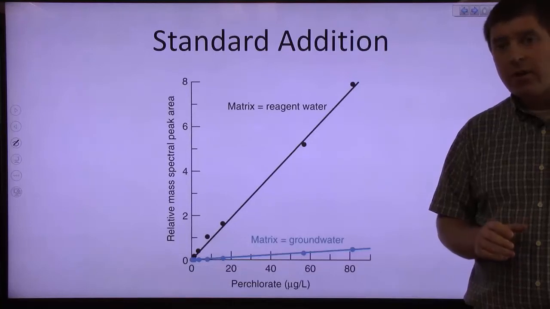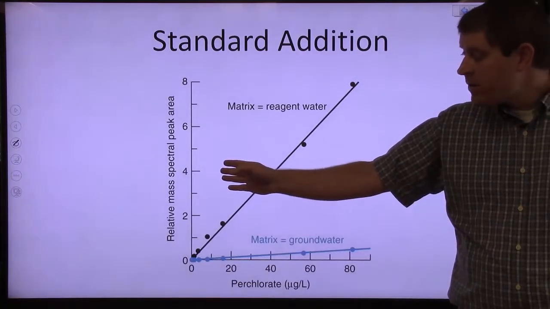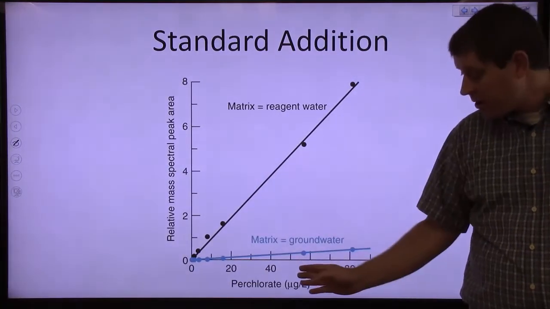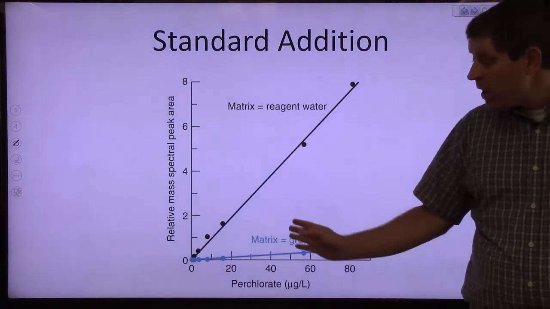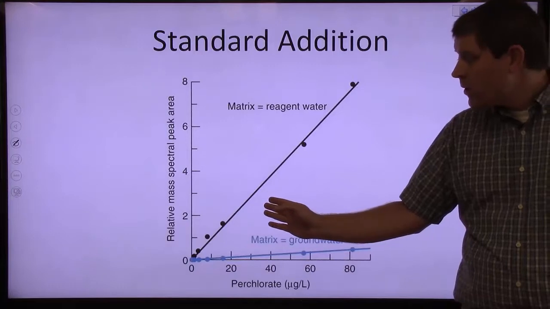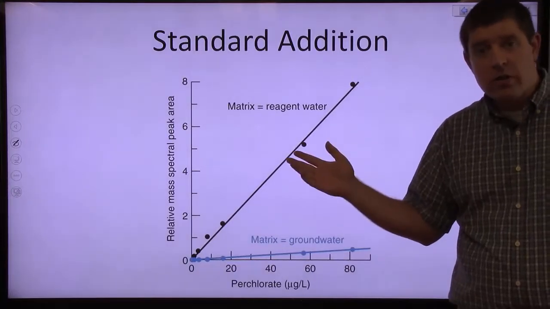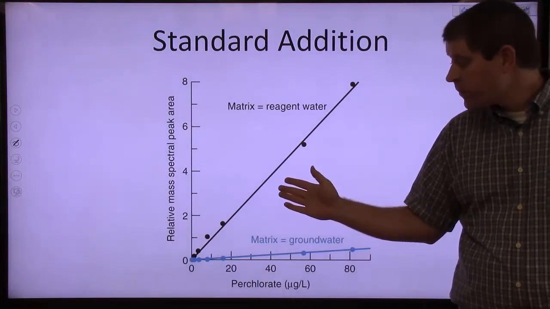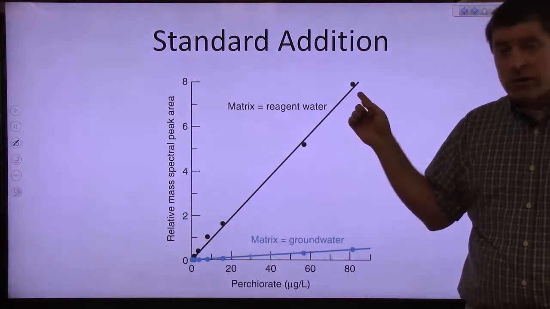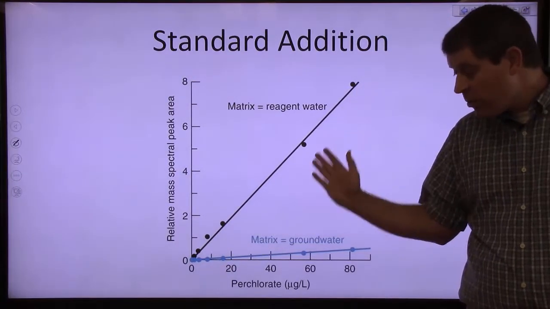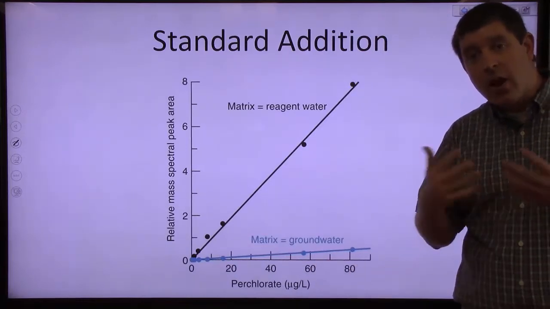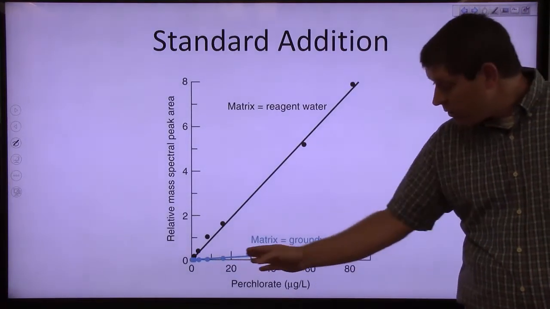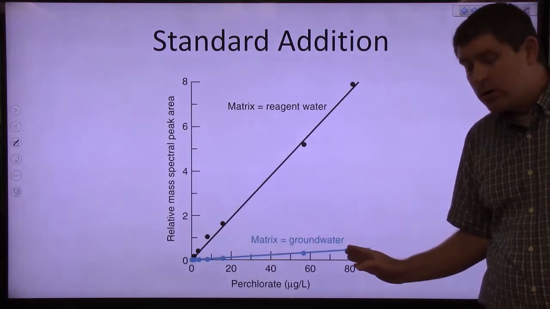So let's look at an example. If we measure the relative mass spectral peak area as a function of the amount of perchlorate that's present, well, if we've put that perchlorate into reagent water, in other words, deionized water or distilled water, then we'll get some curve. But if instead we put that perchlorate into something like groundwater that has other species in it, you can see there's a much, much lower curve here.